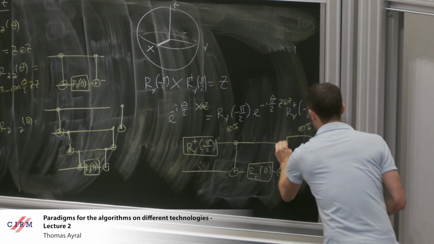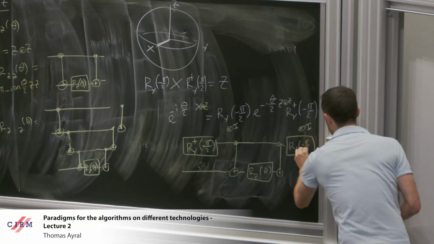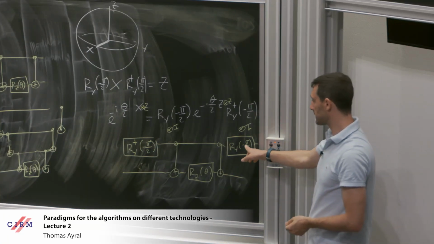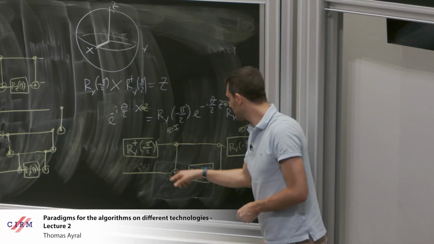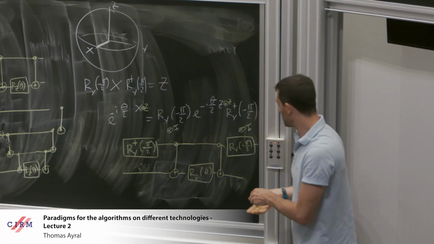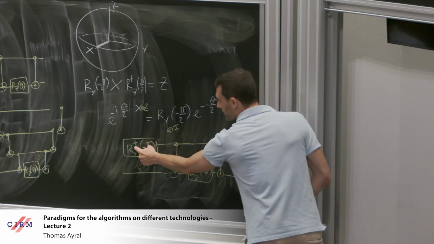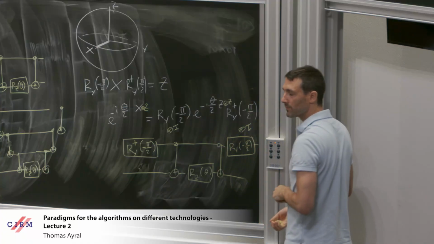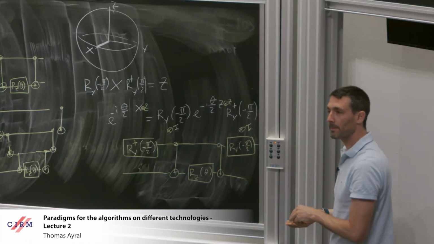Then I do my last ry of minus pi half. So that should answer your question, that now I can do the rotation here. In this case, it's probably not the most clever way. I can probably do something more clever, but at least this works. And the reason why I put the R dagger first is that you have to read the quantum circuit from right to left. All right?